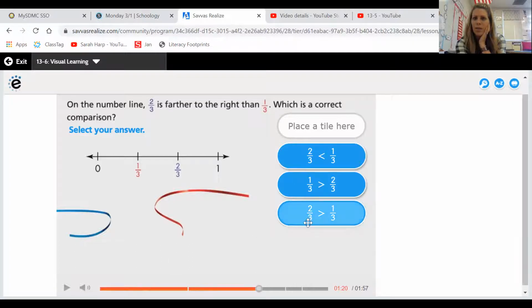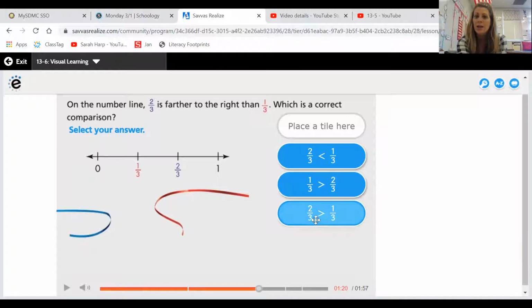Or look at our bottom one, 2/3, same symbol, greater than 1/3. Which one makes the most sense? Which one is correct? Look at your number line to help you, or think about our denominator trick. Okay? Which one did you pick?